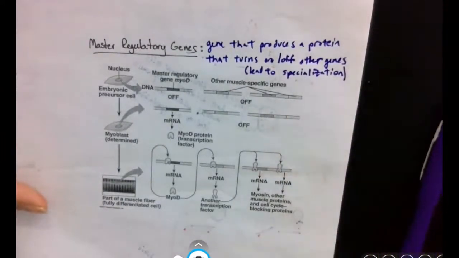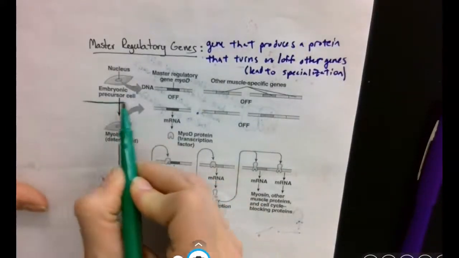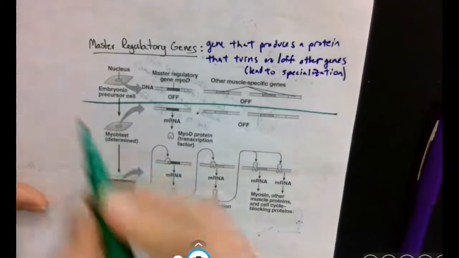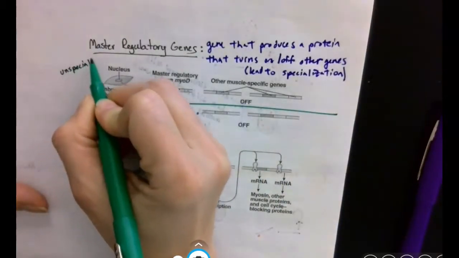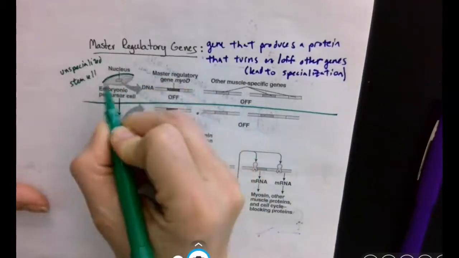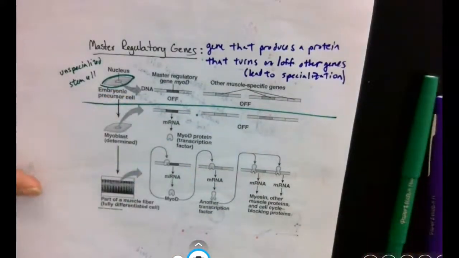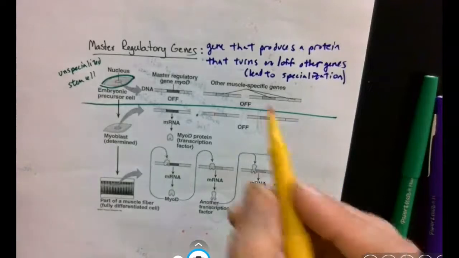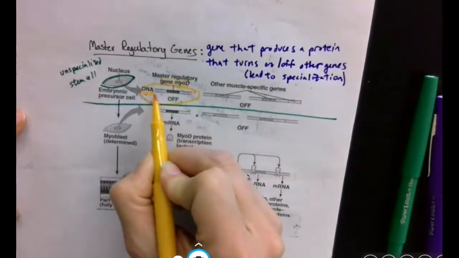Cell specialization actually has a couple different steps. So I'm actually going to put a line here, and above this line we have our unspecialized stem cell. Okay, here's our embryonic precursor cell. Here's the nucleus. You can see in this stem cell, right, this master regulatory gene is off in the DNA.